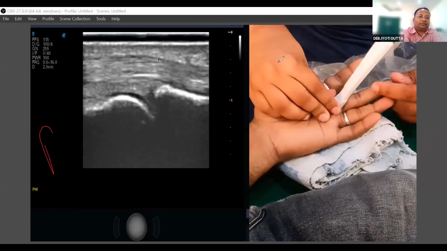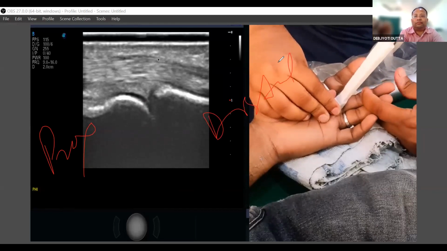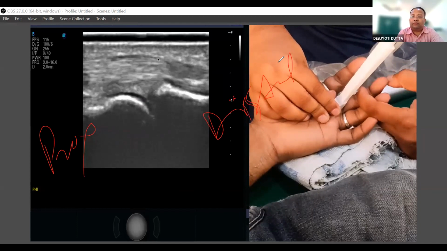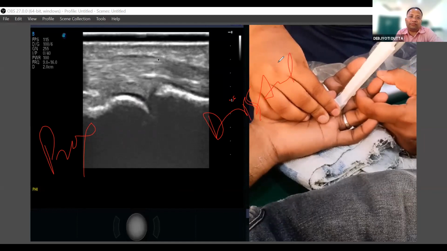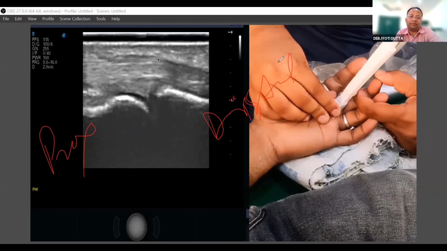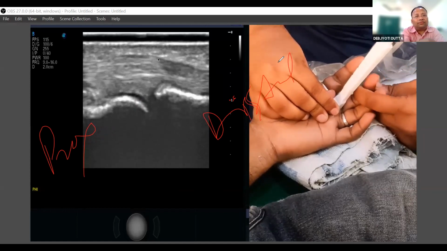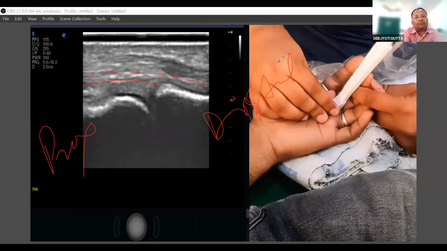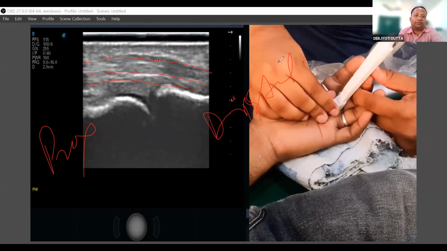So how can we differentiate those? First, I am fixing the middle phalanx, and we are only moving the distal phalanx; only the deep tendon will move. Now, if we flex the whole finger, then the whole tendon is moving.